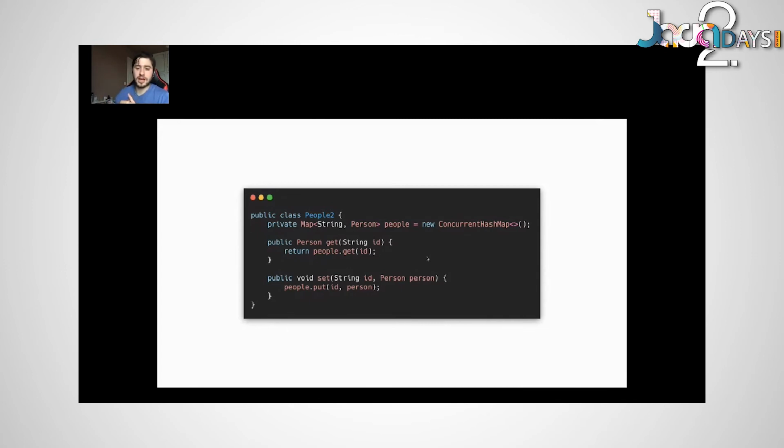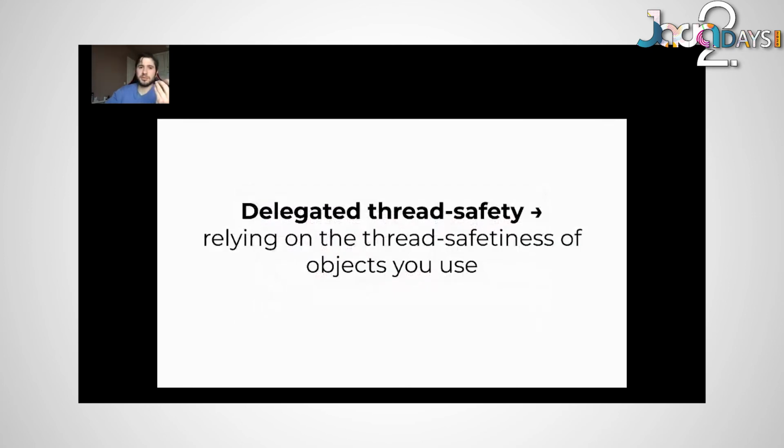Notice how in this class you don't have synchronized keywords, and yet this class is perfectly thread safe because you are using a class which is already thread safe. So that is the best way, in my opinion, when possible, to handle thread safety issues, by using classes which are already thread safe and relying on them.